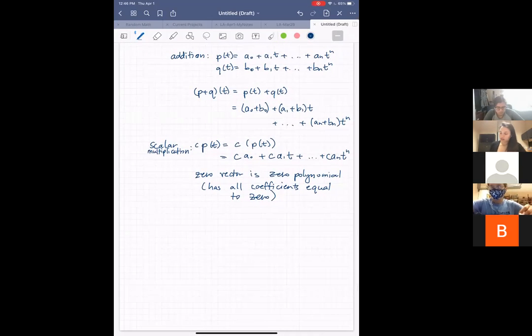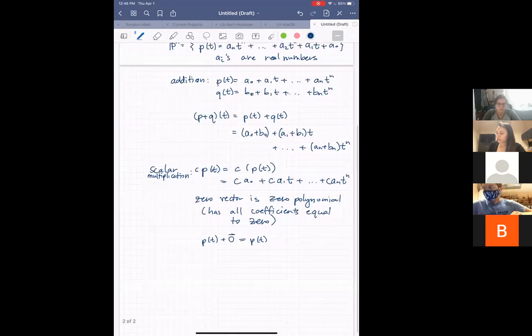Then you can see that if you take p of t plus that 0 polynomial, you just get p of t back. So that is one of the properties.